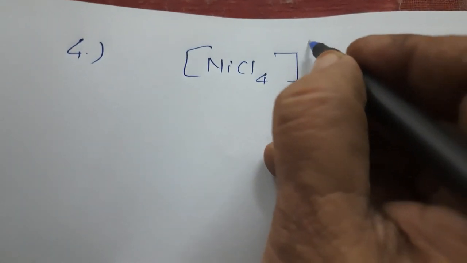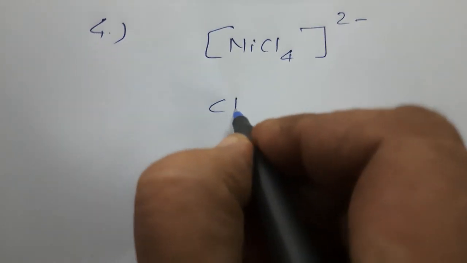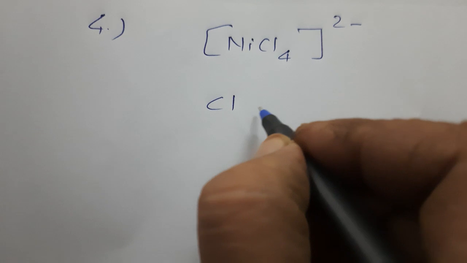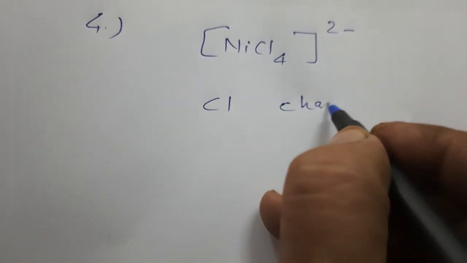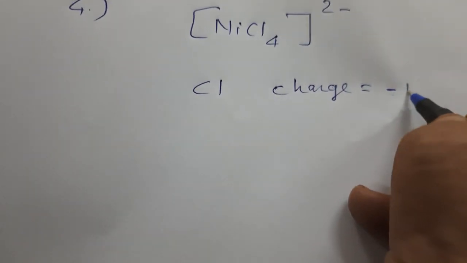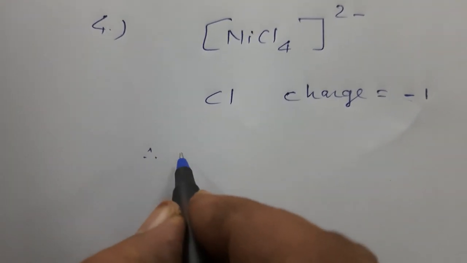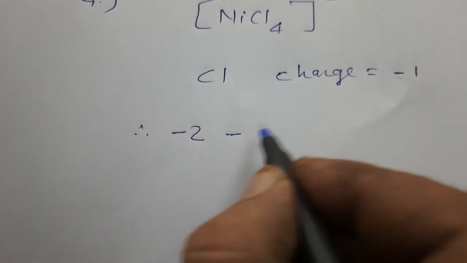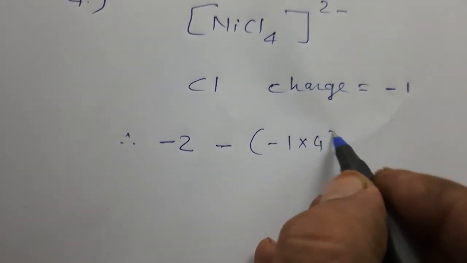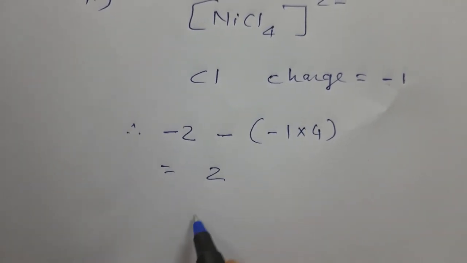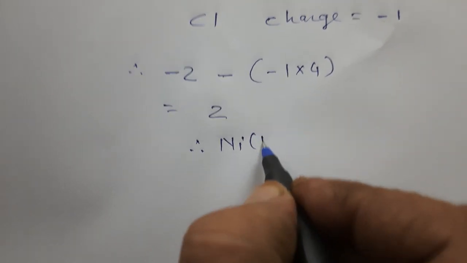Next example of oxidation number is NiCl4 2 minus. Okay, and Cl ligand charge is -1. Therefore -2 minus (-1 into 4) is equal to 2. Therefore it is nickel 2.